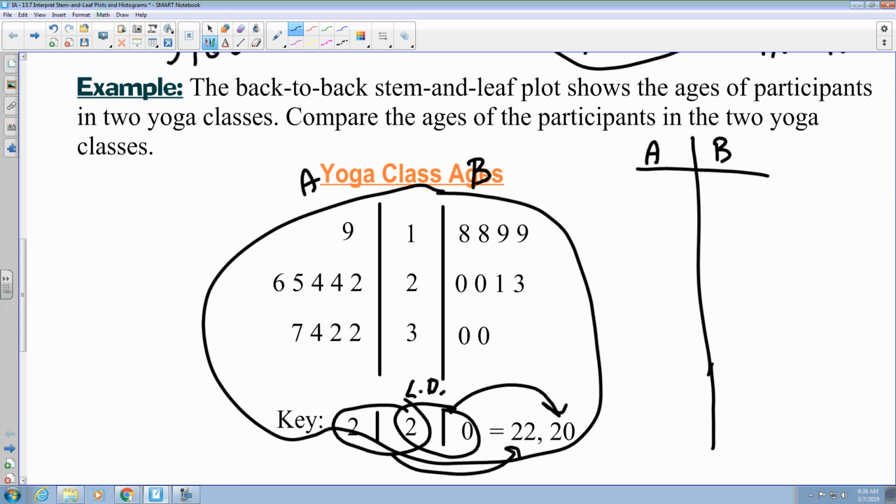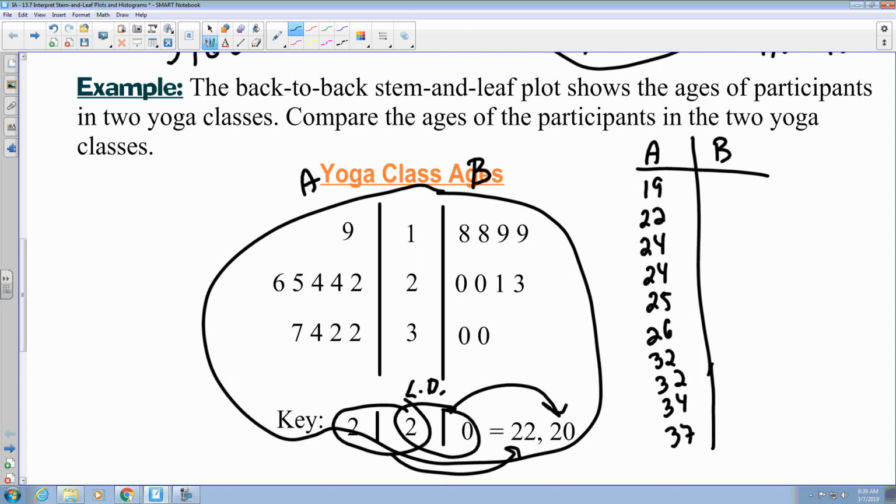But anyway, looks like in yoga class A, you had participants that were 19 years old. You had 22, you had 24, 24, 25, 26, 32, 32, 34, and 37.